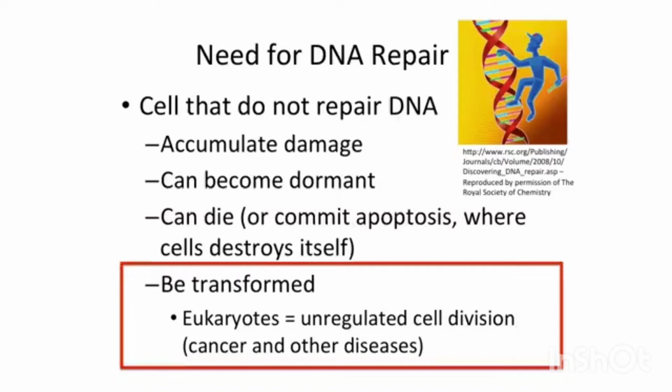That leads to unregulated cell division, meaning cancer, and other types of diseases. So DNA repair is critical for the well-being of the cell and ultimately the well-being of the organism.